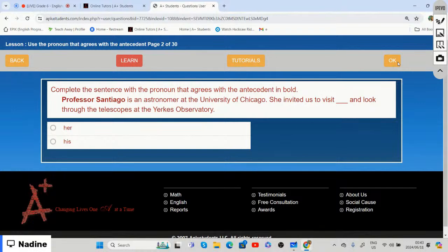Professor Santiago is an astronomer at the University of Chicago. She invited us to visit, do we say visit her or visit his, and look through the telescopes at the Yerkes Observatory. So Professor Santiago is an astronomer at the University of Chicago.